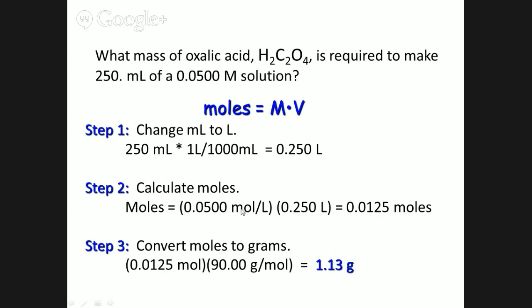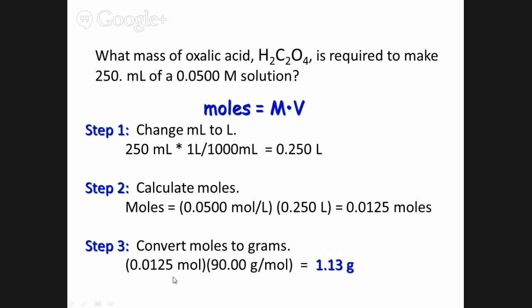We do that multiplying to get our moles, and then we take our moles times the molar mass to get our grams. Where did the 90 come from? The 90 comes from adding up 2 hydrogens, that's 2, plus 2 carbons, that'd be another 24, plus 4 oxygens, that would be 64.